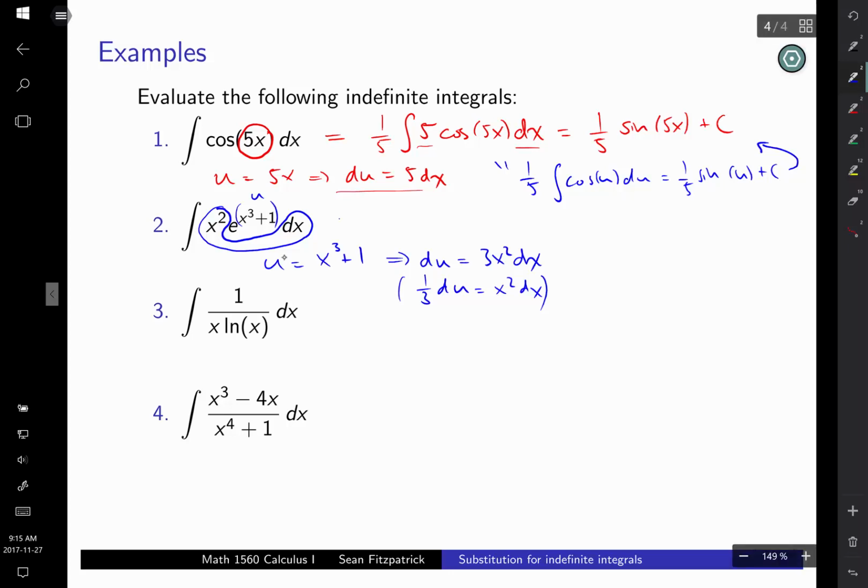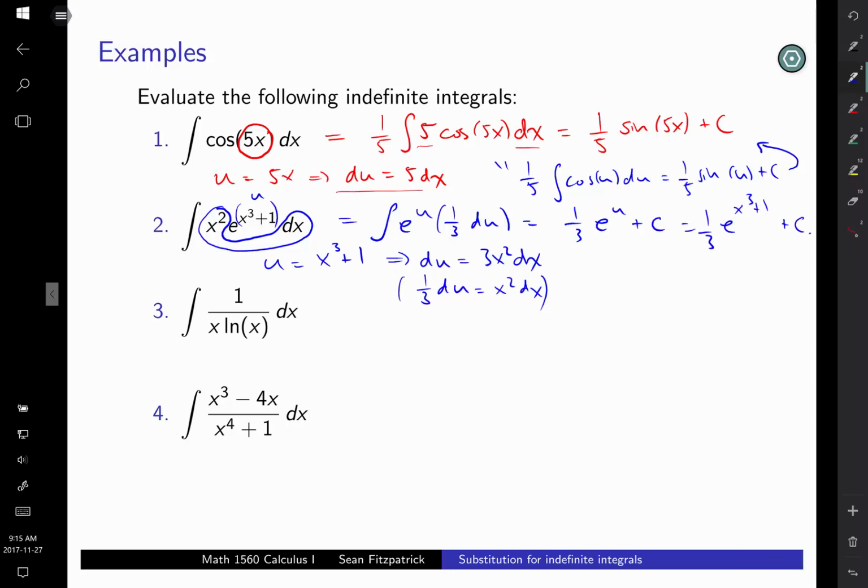So I put everything in, and what I've got is the integral of e to the u times 1/3 du. And so that gives me 1/3 e to the u plus c. So 1/3 e to the x cubed plus 1 plus c.